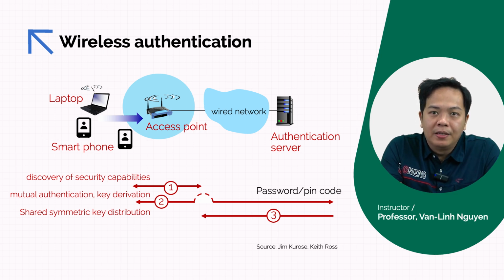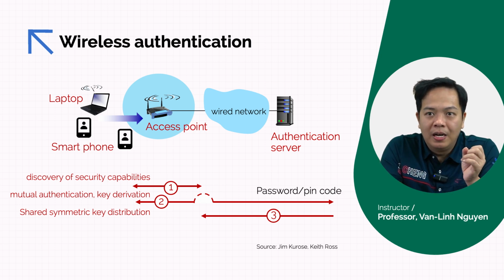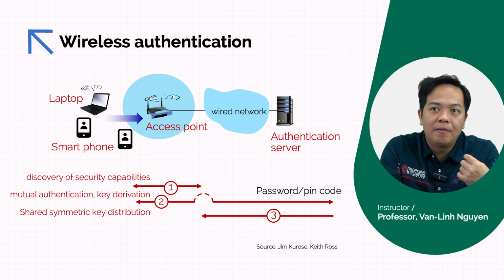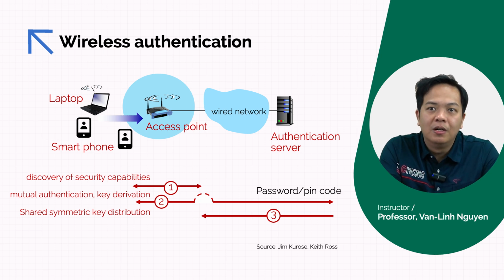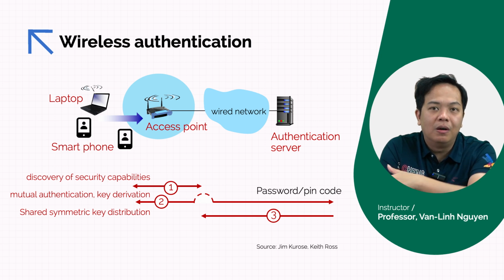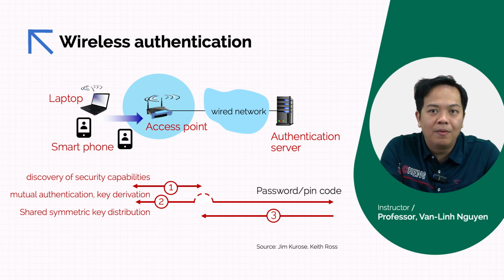But in a campus or enterprise network, all the Wi-Fi access points get the username and password from the authentication server. For example, you can use a student ID or employee ID, and a password, to log into the Wi-Fi access point in one campus or enterprise network.